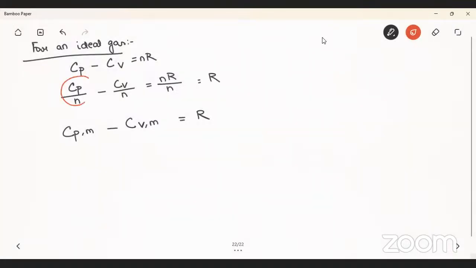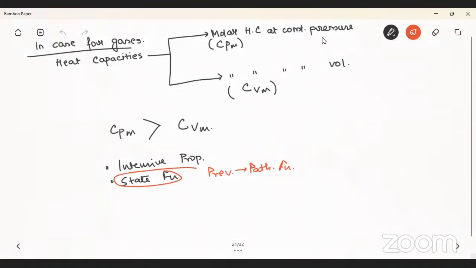This entire thing is equivalent to this. See in the slide, in the last slide, this entire thing can be represented like this.